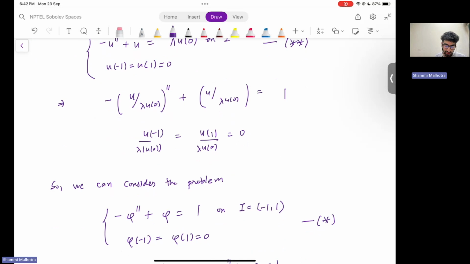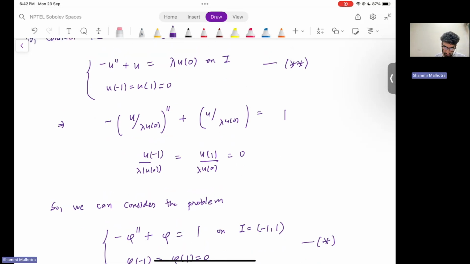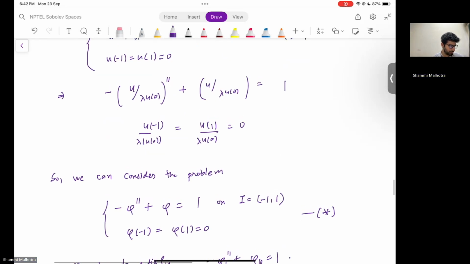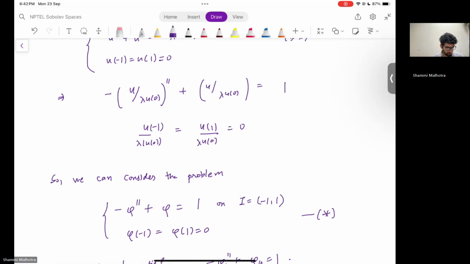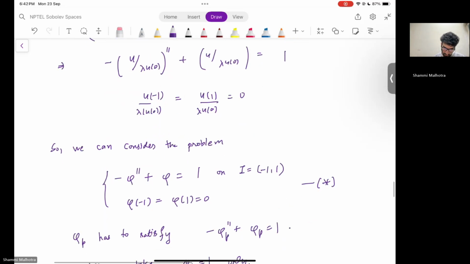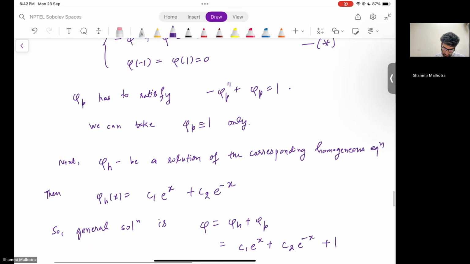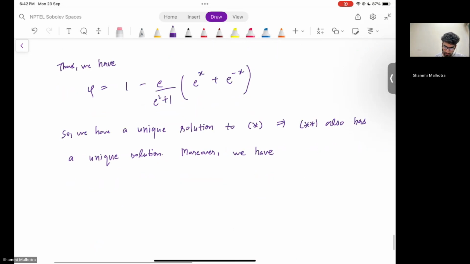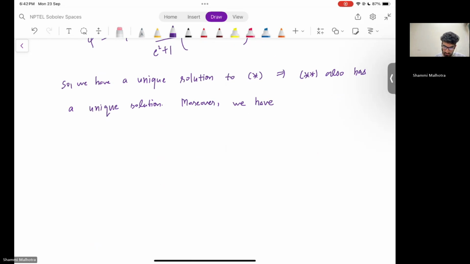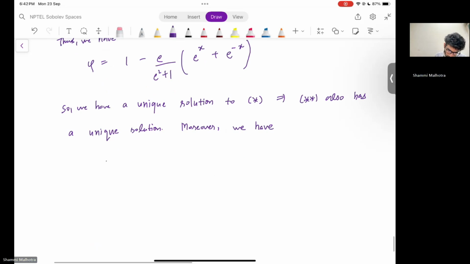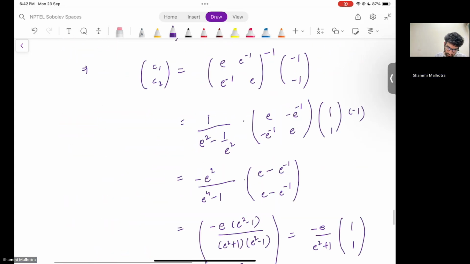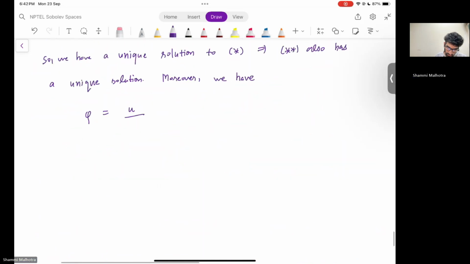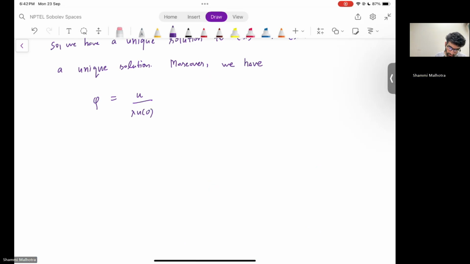We took phi equal to u divided by lambda u naught. So in particular, we have p equals u divided by lambda times u at 0, but this basically means phi at 0 has to be equal to 1 upon lambda.